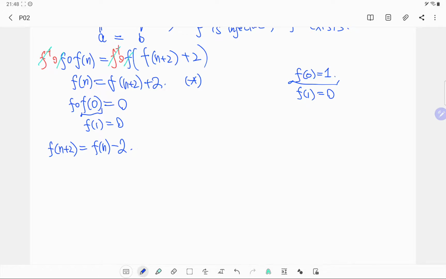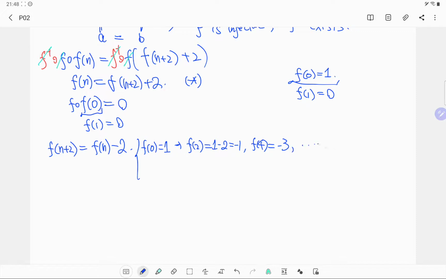And then we can have f(0) equals to 1. So we can have f(2) is equal to f(0) minus 2, which is 1 minus 2, so it is negative 1. And then f(4) is equal to minus 1 minus 2, so it is minus 3.